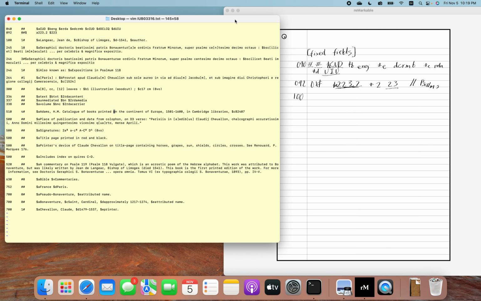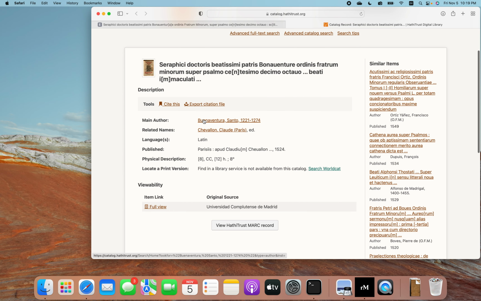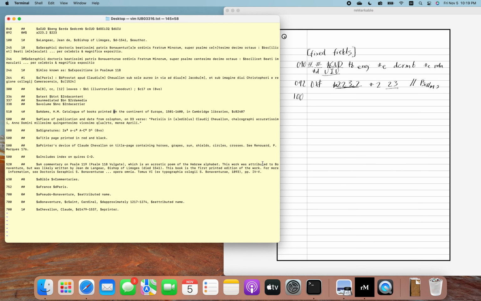The 100 field is our main entry. There's a lot of theoretical things about what constitutes the main entry. In this case, I actually got the record originally, and it said that Saint Bonaventure was the author, and it claims that on the title page. This is the tricky part about rare books, is sometimes they lie.